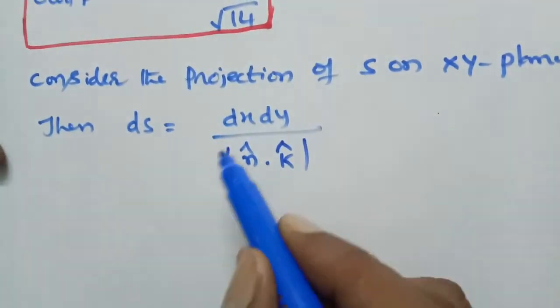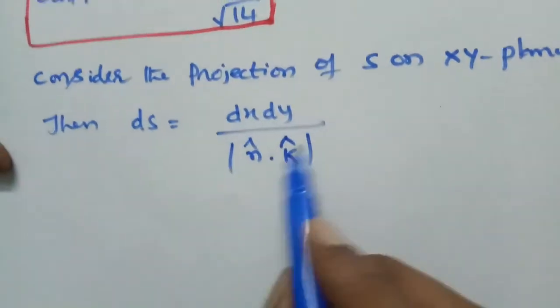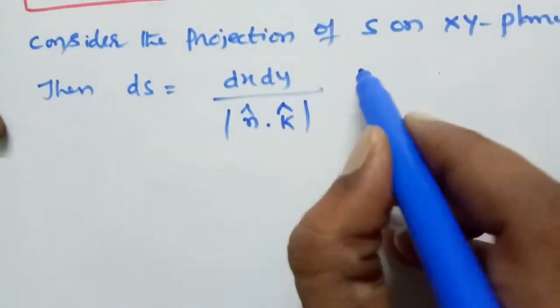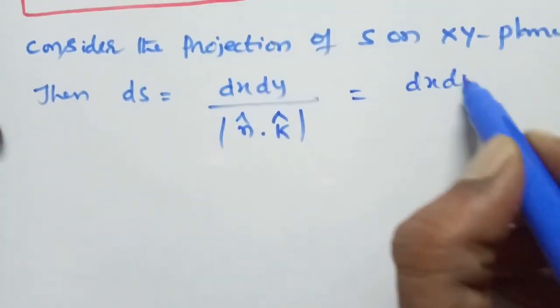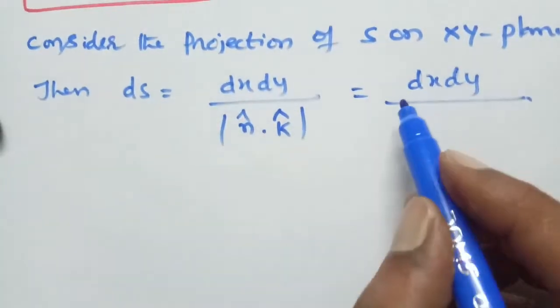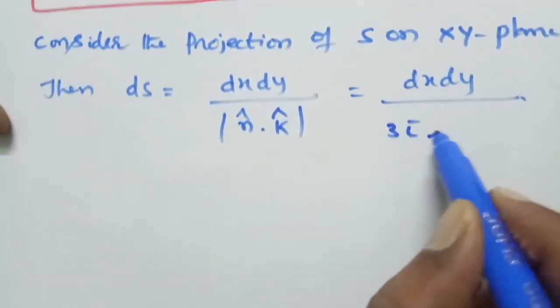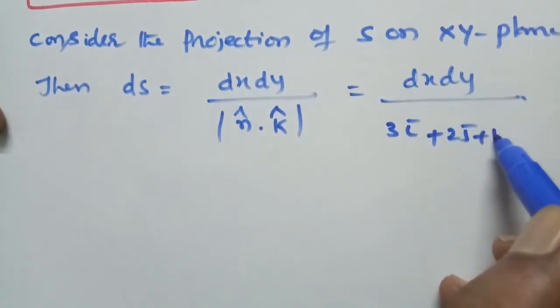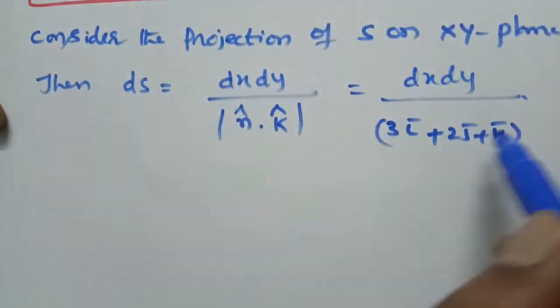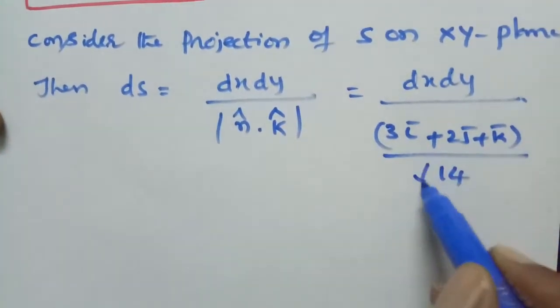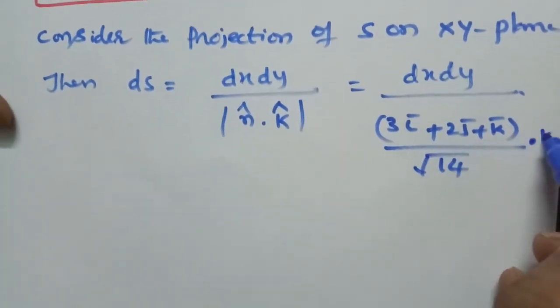Therefore, this is equal to dx dy by modulus of n cap dot k cap, where n cap is 3 i bar plus 2 j bar plus k bar by square root of 14 dot k cap.